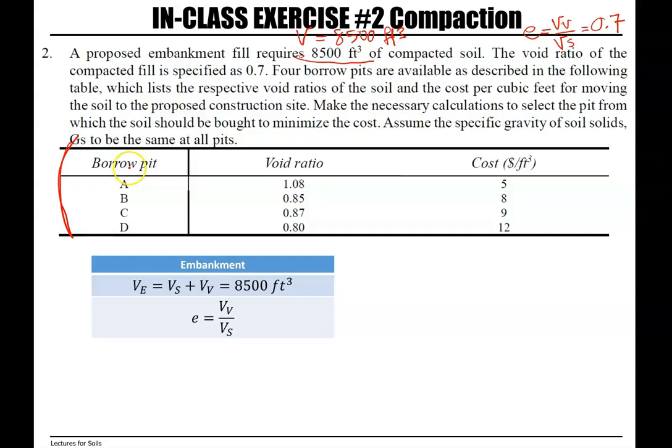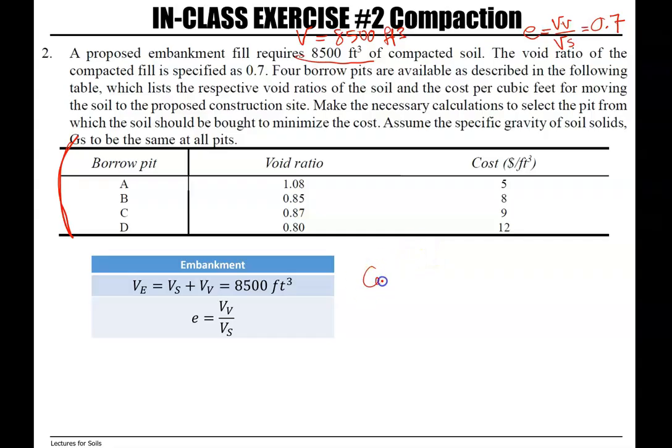We have pits A, B, C, D, void ratio of material in each pit, and cost of bringing material from each one of these. We want to bring soil from these borrow pits, and we want to see which one will be the most cost-effective option.